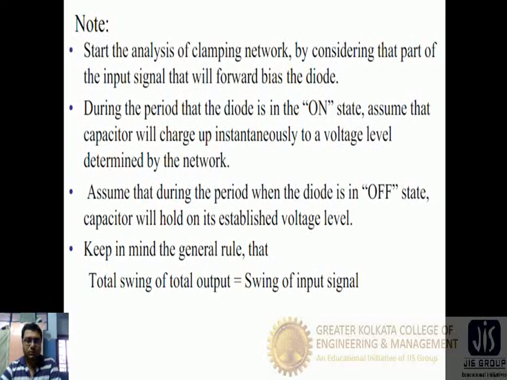Assume that during the period when the diode is in the off state, the capacitor will hold its established voltage level. Keep in mind the general rule that the total swing of the output is equal to the swing of the input signal.